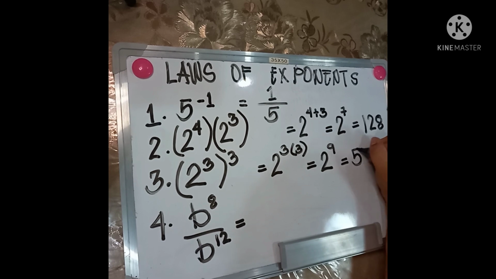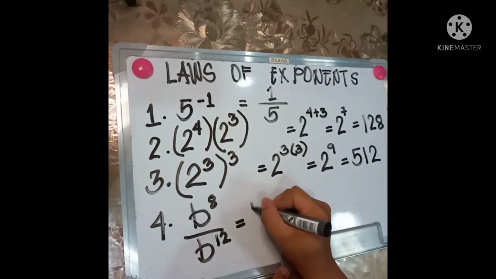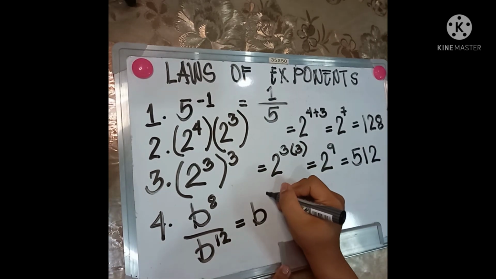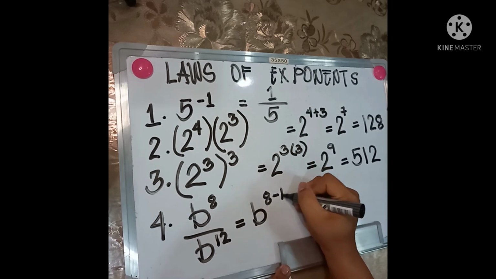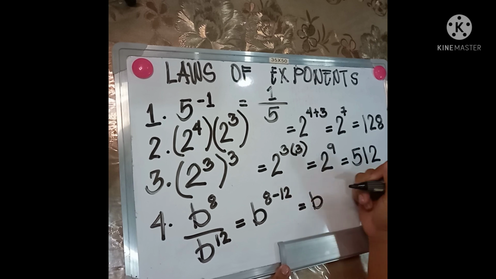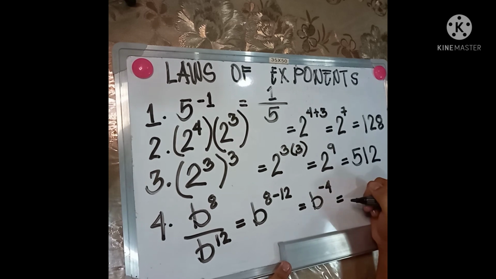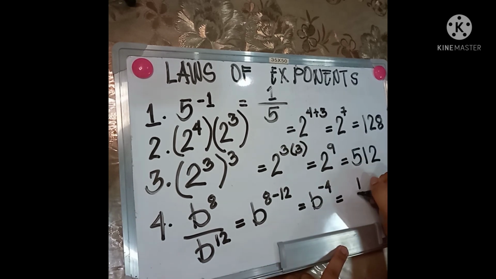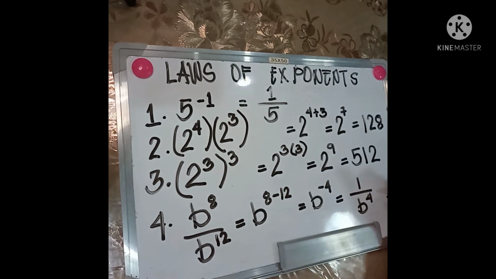That will result to 512, so 512 is your final answer. For number 4, following the law of quotient of powers, we have b to the power of 8 minus 12, and that will result to b to the power of negative 4. Applying the law for negative exponent, it will become 1 over b to the power of 4. Make sure that all the exponents are positive.